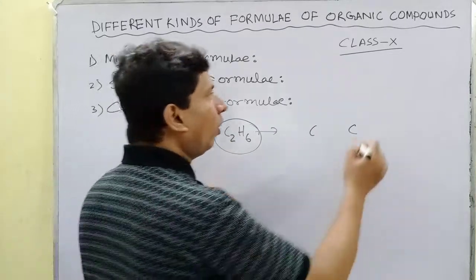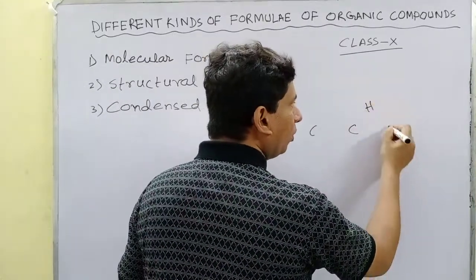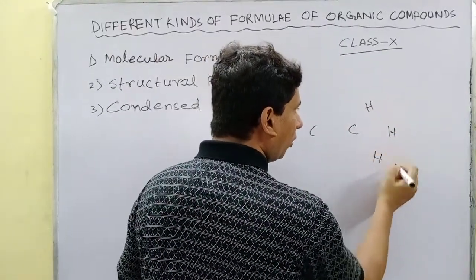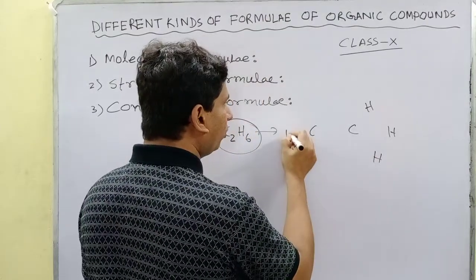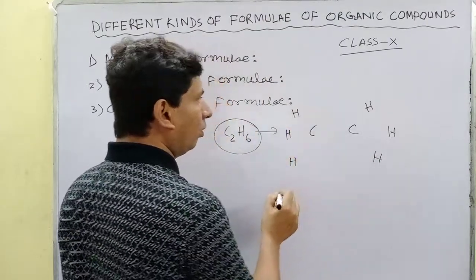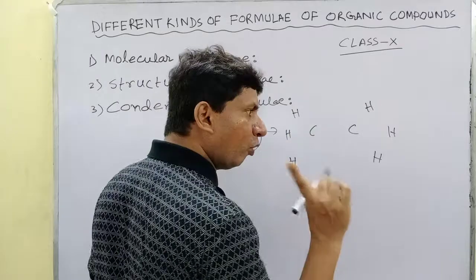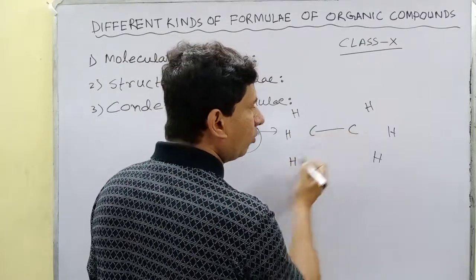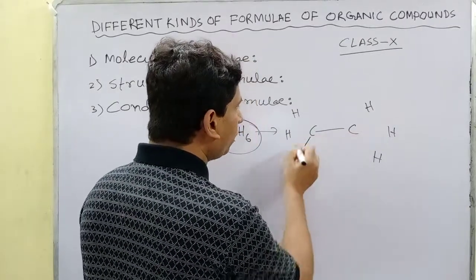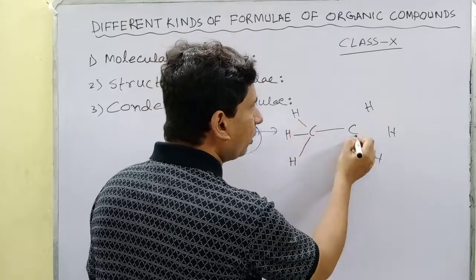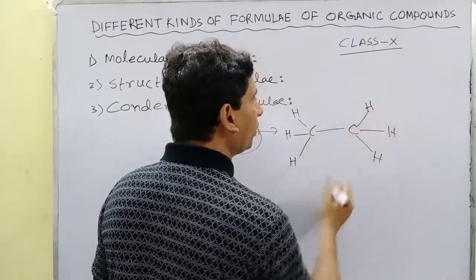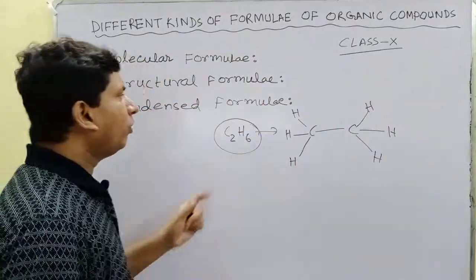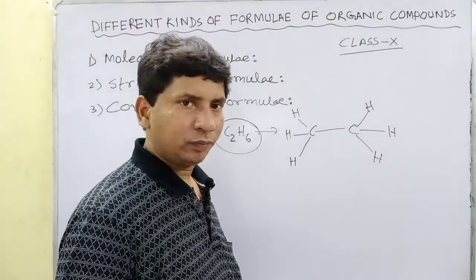Hydrogen always forms 1 bond. Now carbon forms 4 bonds: carbon-hydrogen, carbon-hydrogen, carbon-hydrogen, and carbon-carbon. So this is the structure of ethane.